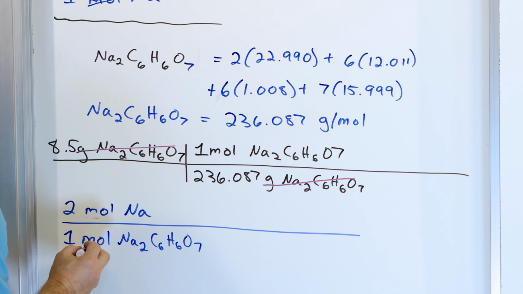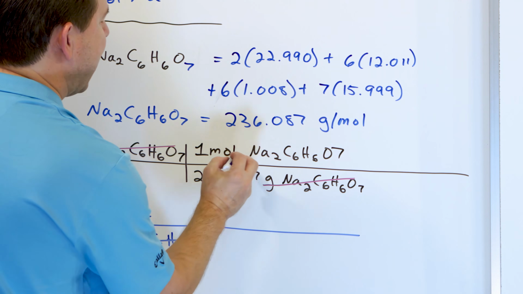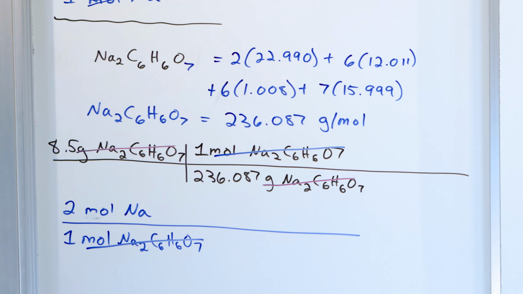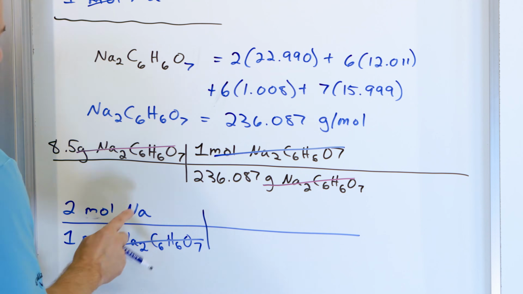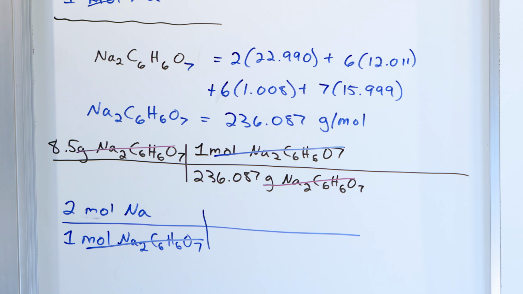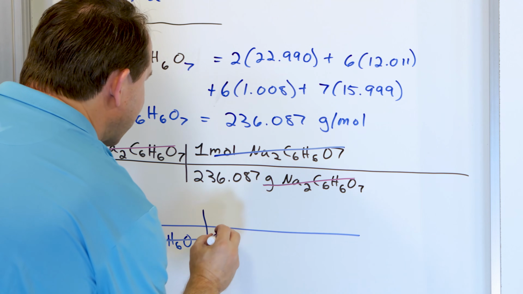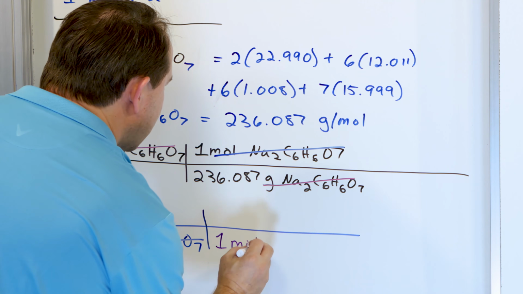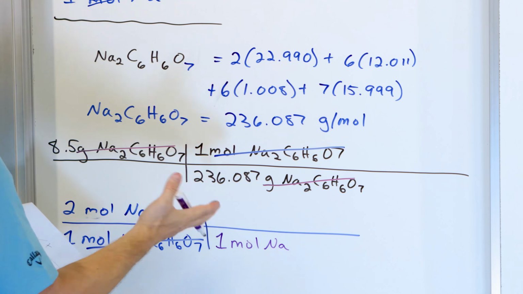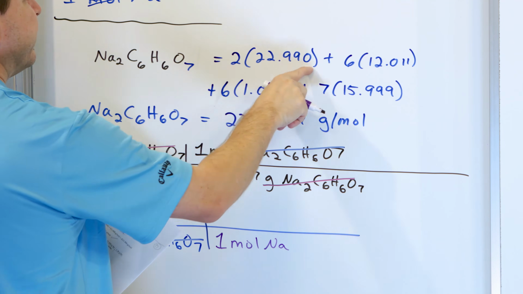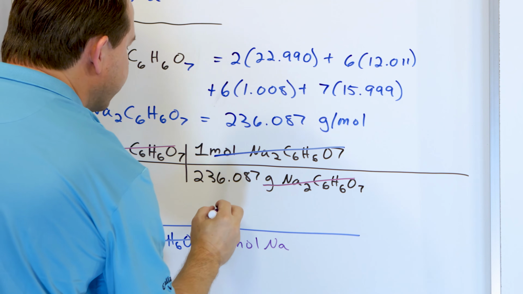Now on the bottom, I have the moles of this substance. On the top, I have the moles of that substance, so those cancel. If I stop the calculation here, I now have the moles of sodium. But I don't want the moles of sodium, I want the amount of grams of sodium. And I know the molar mass of sodium, so I write that down as 1 mole of sodium atoms. I have to go back and get the molar mass, but I've used it so many times, it's 22.990.